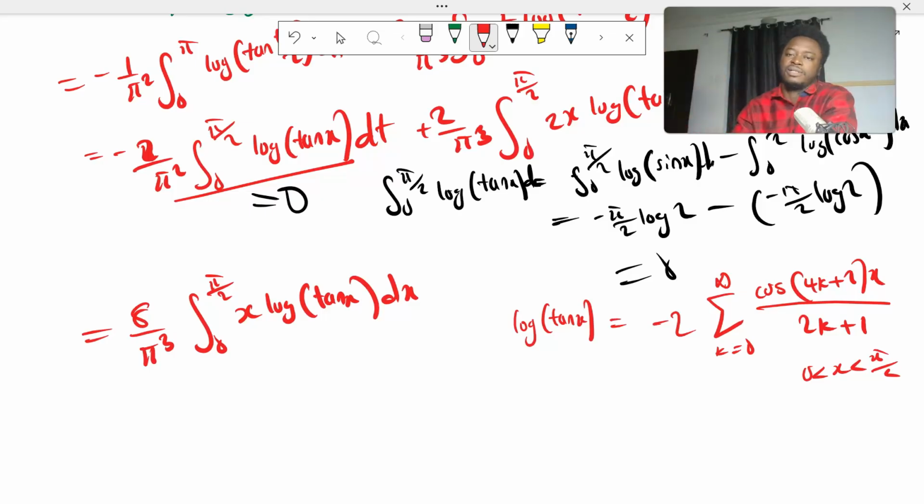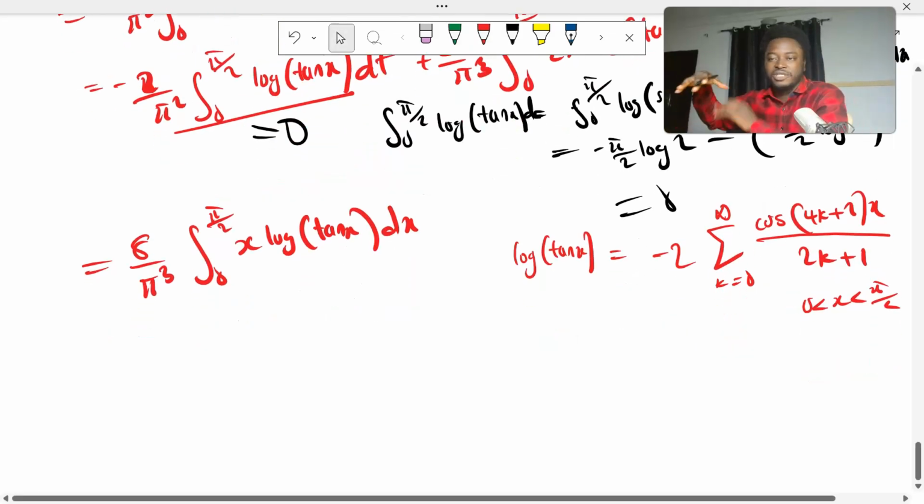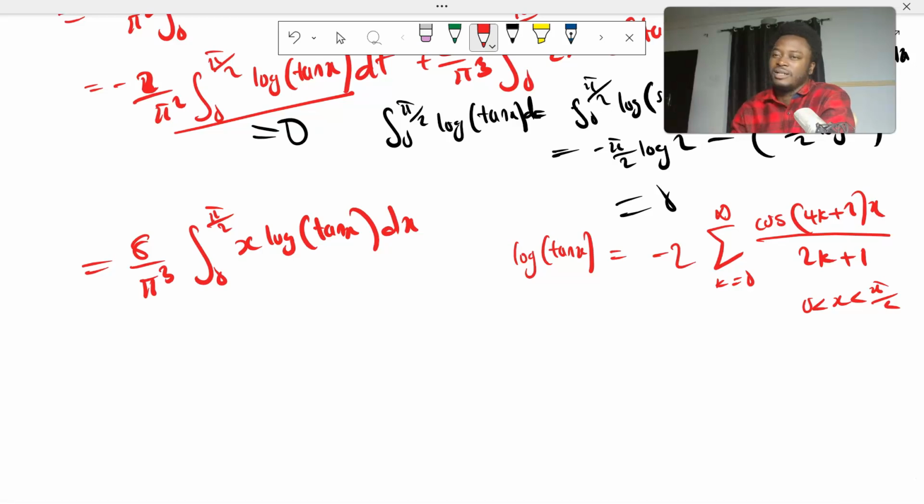Our integration is defined from 0 to pi over 2, so we can legitimately plug in the Fourier series. If our integration was from 0 to infinity, we can't use this Fourier series directly without making some change. We would have to change the limits of integration from 0 to pi over 2 to possibly 0 to infinity. But this problem is perfectly set up for use of this series in this interval.